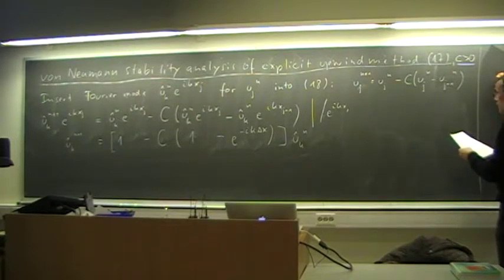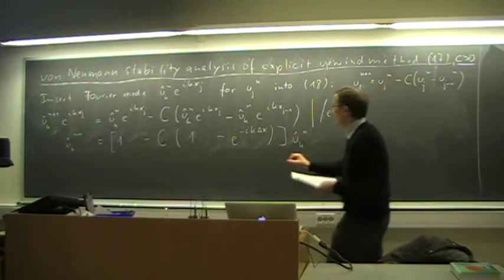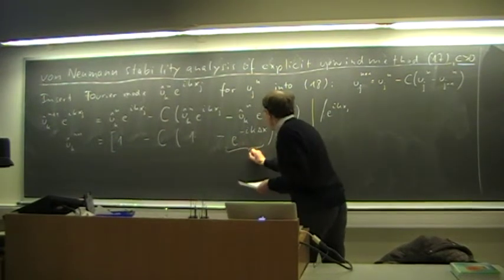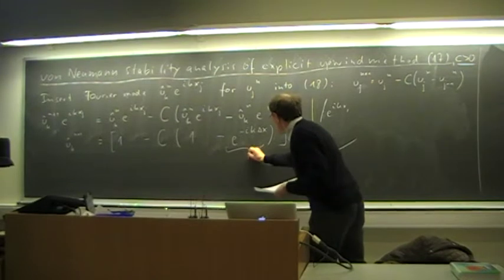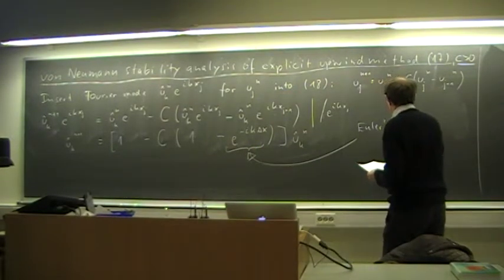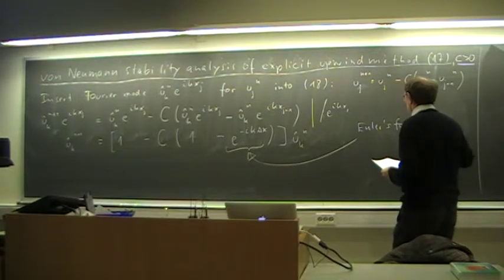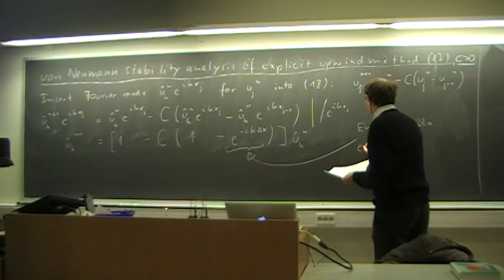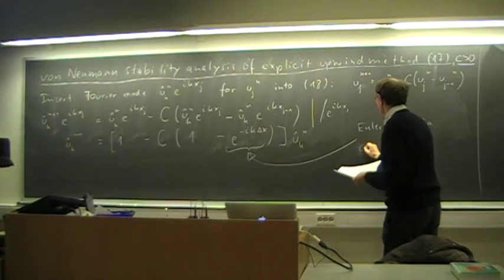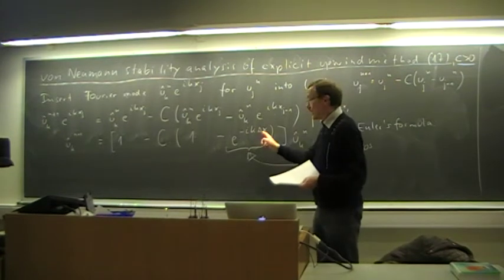So then we see what the amplification factor is, that is what is in square brackets. And then we use also Euler's formula for this term here. It gives us the exponential is the cosine of the argument, which is minus k delta x.